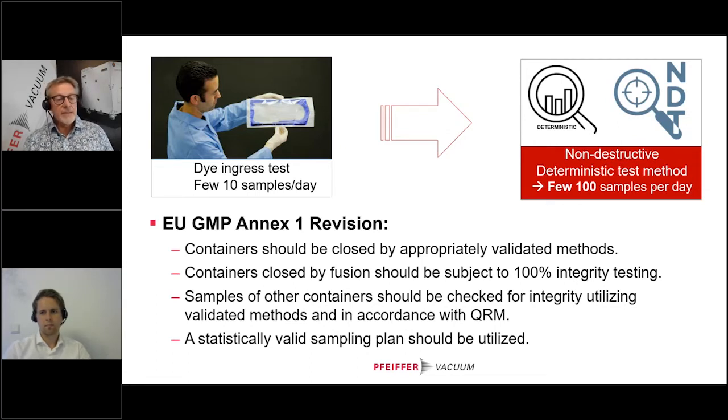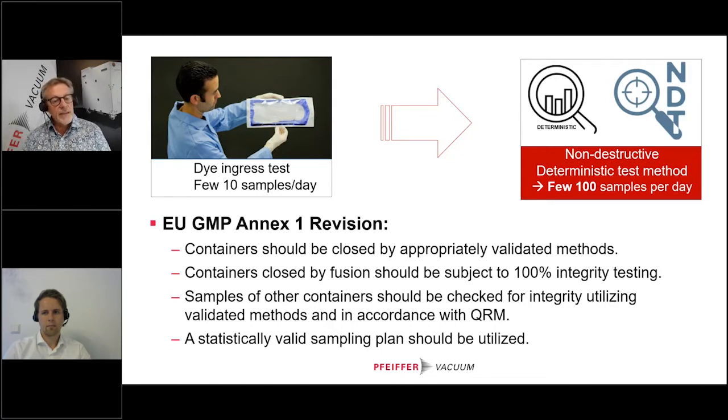Just to remind that, of course, container closure should be checked by an appropriately validated method. There is no magic CCIT method, and in order to select the right one for your application, we need to consider both the container and the drug inside the container. The complete system needs to be addressed for the CCIT application.